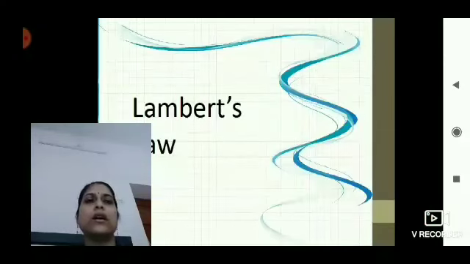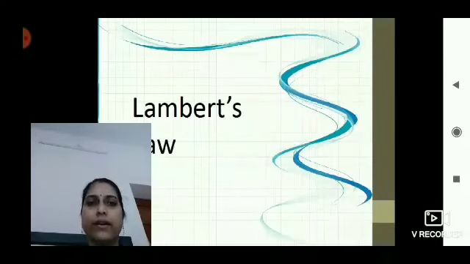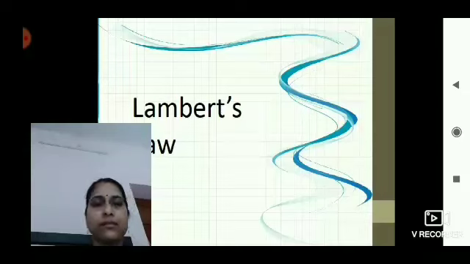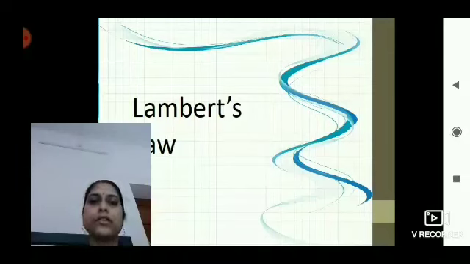Now, we have studied what happens when matter interacts with electromagnetic radiation, so now we have to study UV visible spectroscopy.